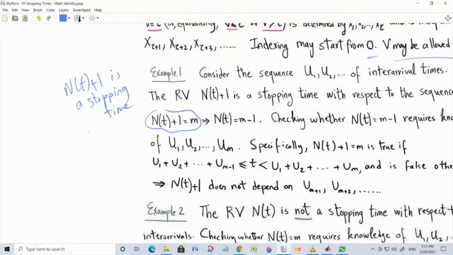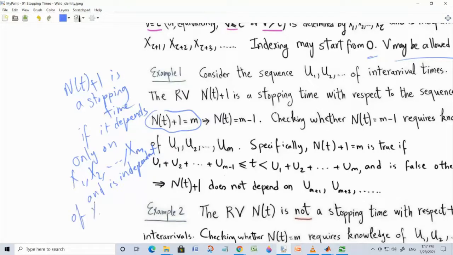it is a stopping time, by definition, if it depends only on the random variables x1, x2 up to xm, and is independent of the others, xm plus 1, xm plus 2, and so forth. That's basically the idea.